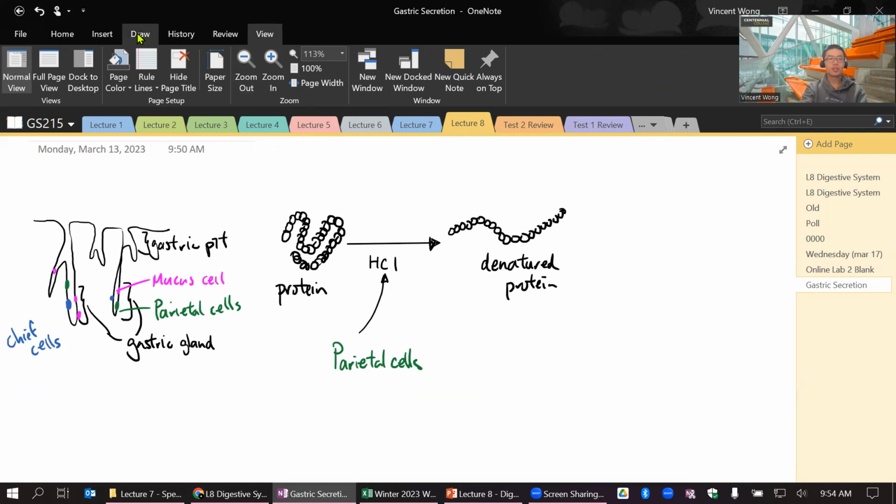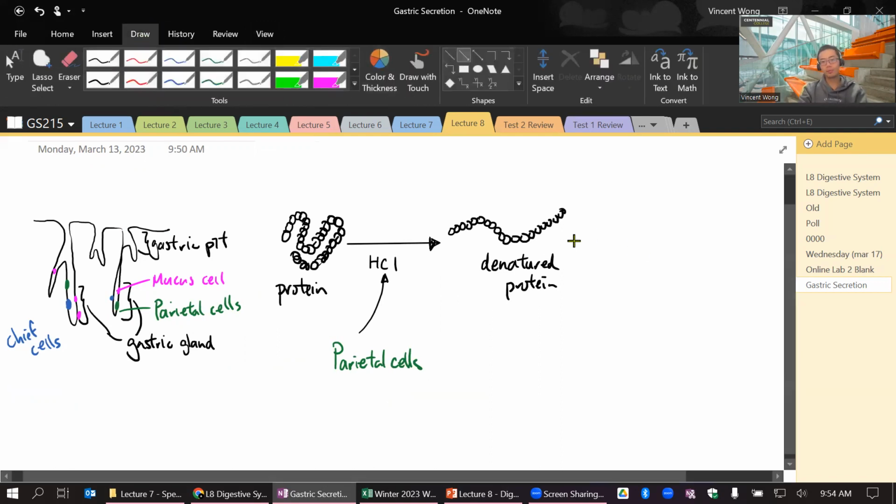Afterwards, you can start to chemically break down the denatured protein. The enzyme that helps chemically break down the protein is called pepsin. Pepsin is the active form, but when we make pepsin, it's not always in the active form.